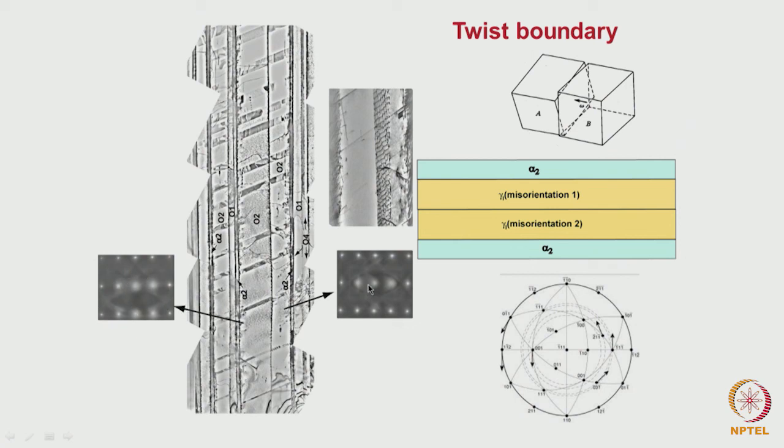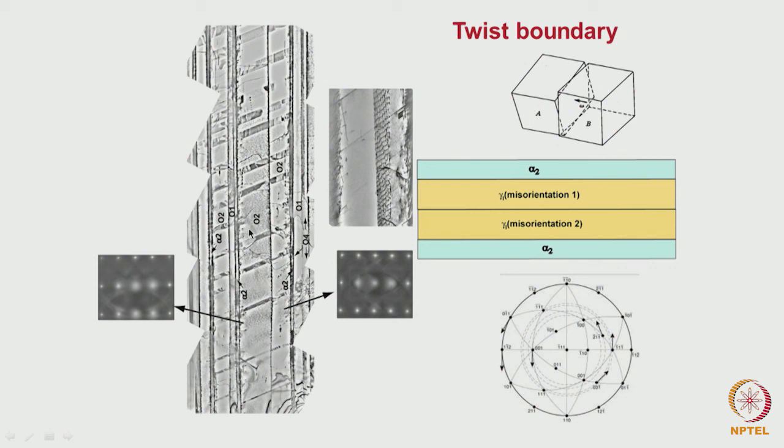The Kikuchi pattern is slightly shifted, because otherwise the normal diffraction patterns appear the same. But if you look at the Kikuchi pattern, this ellipse-like one, it is slightly shifted from here to here. Using this, doing it at different orientations, we can find out the tilt associated with this boundary.